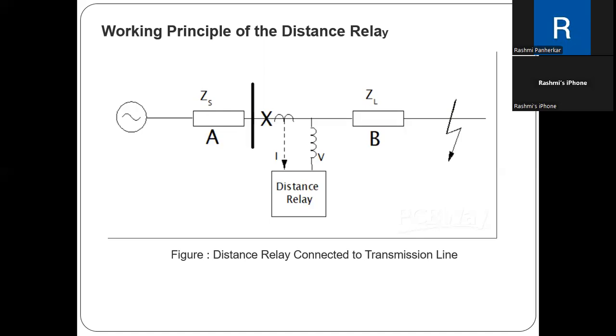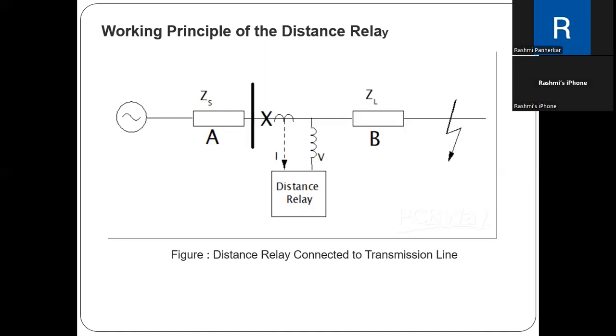From the figure, the distance relay is connected between points A and B with an impedance Z in the operating condition. The relay will start functioning only if the impedance of the transmission line becomes less than the impedance Z of the distance relay.